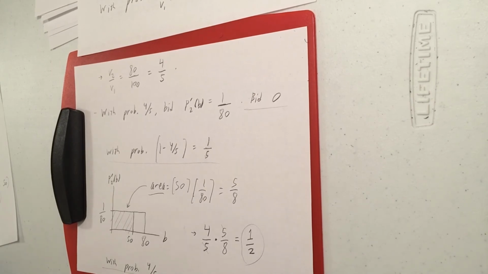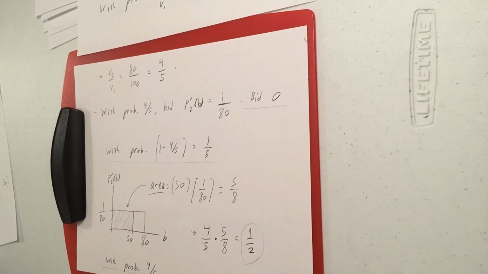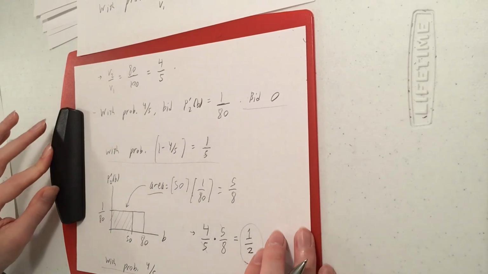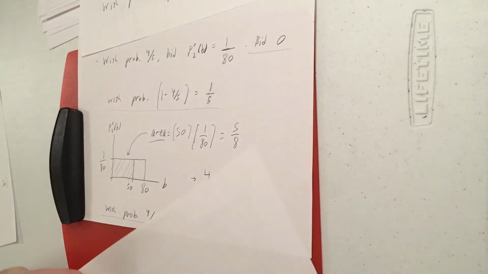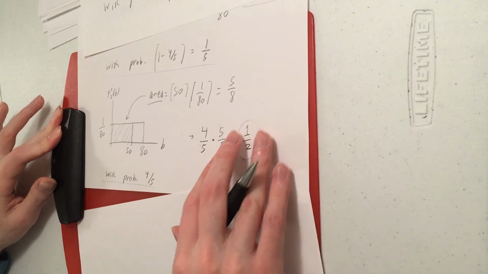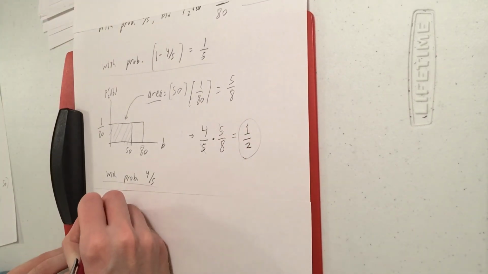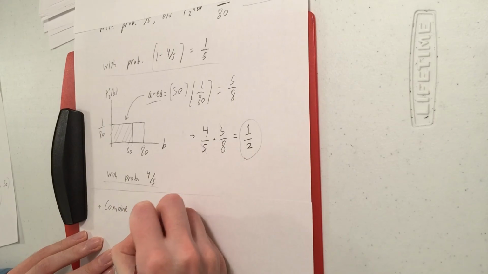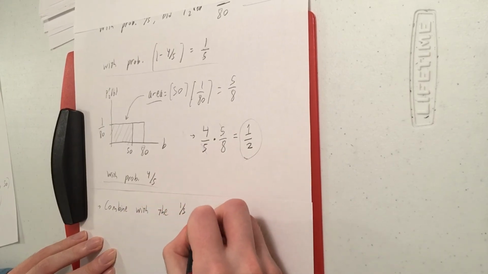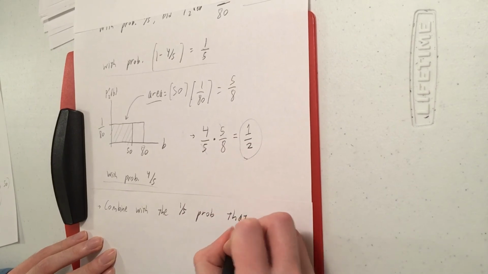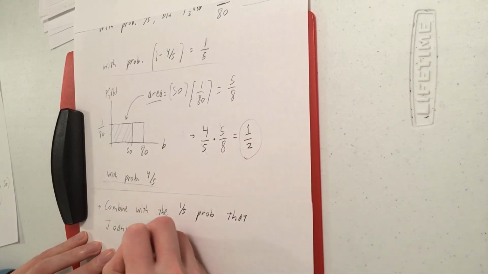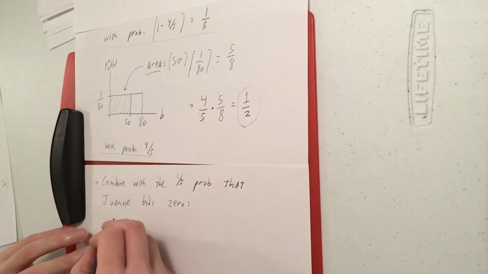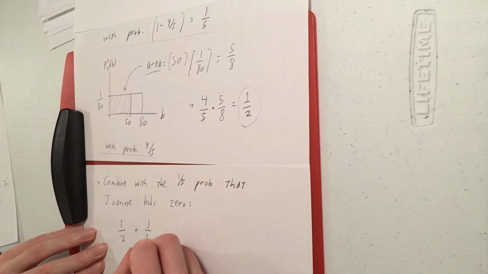So you've got to add that probability of bidding 0 to this to find the total probability that Joanne bids less than 50. So you have 1 over 2 plus 1 over 5.